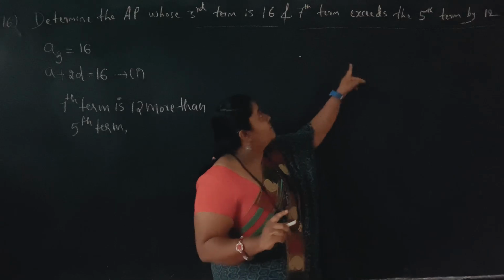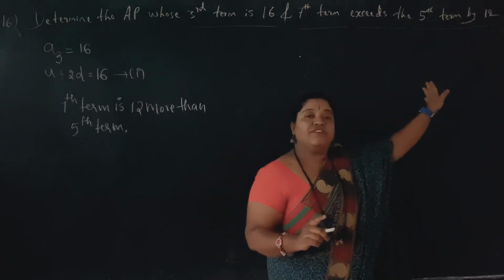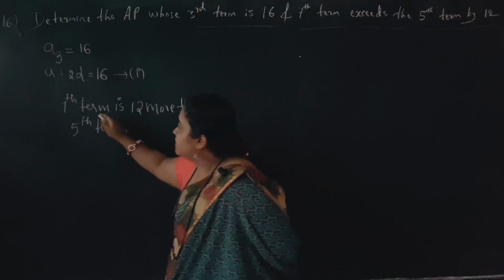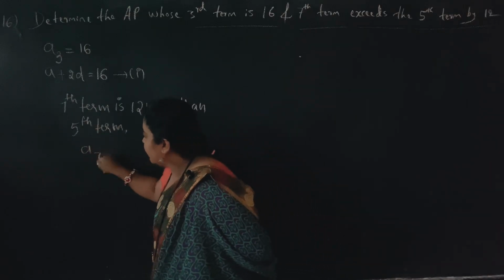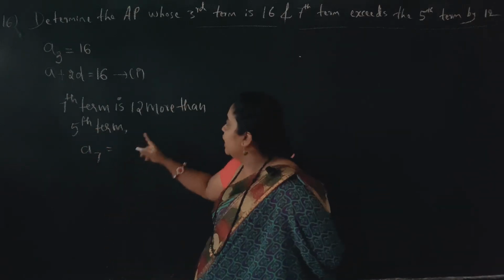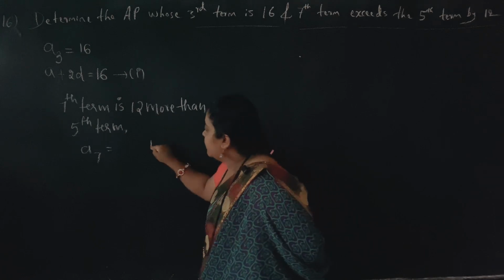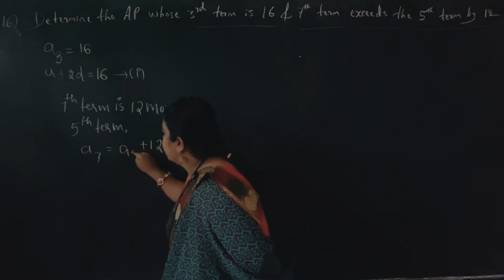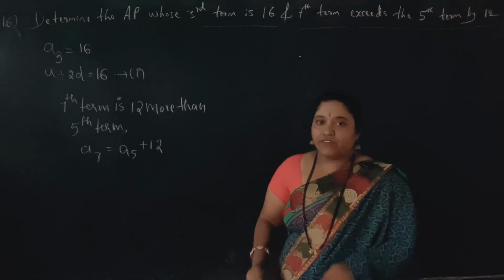The seventh term exceeds the fifth term by 12. Now, how can I write this? The seventh term, that is A7, is 12 more than the fifth term.